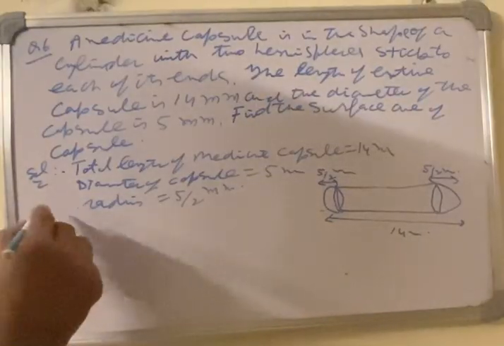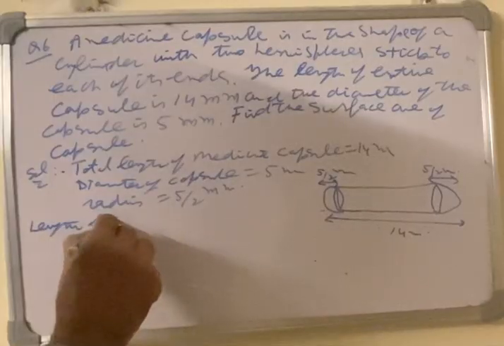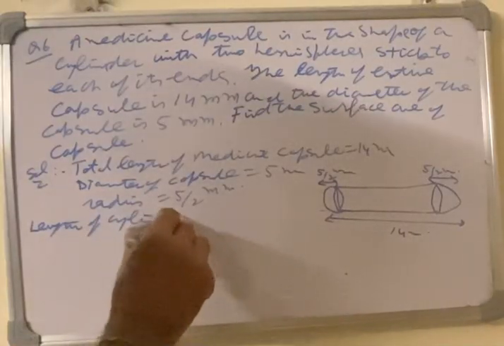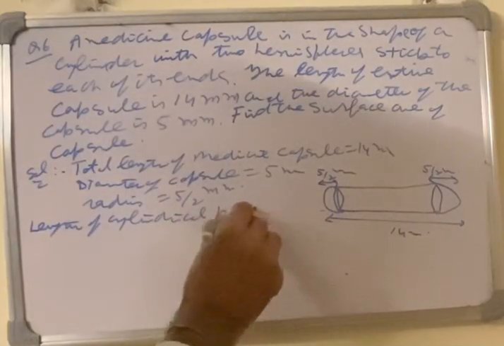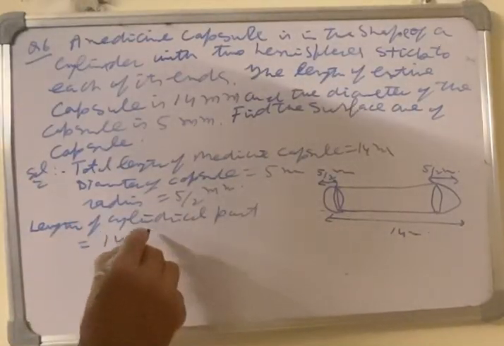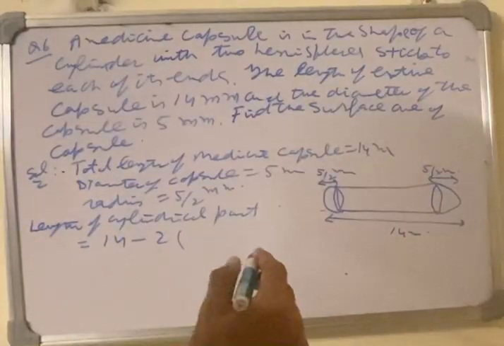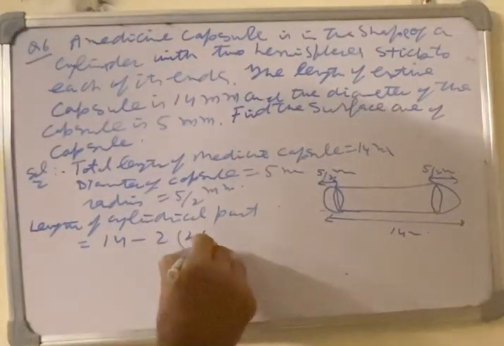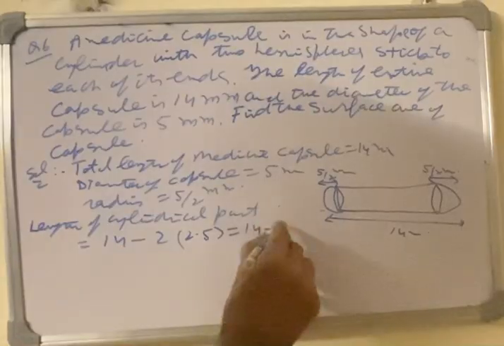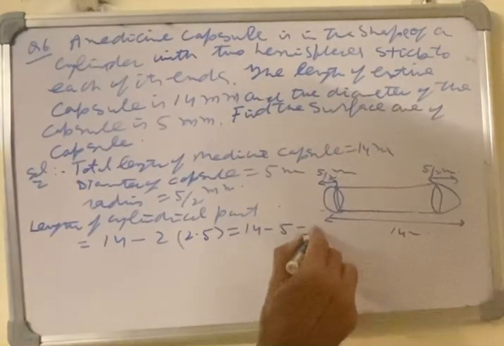Therefore, length of cylindrical part is equal to total length minus 2 into length of hemispherical part, that is 2.5. So 14 minus 5 is 9 mm.